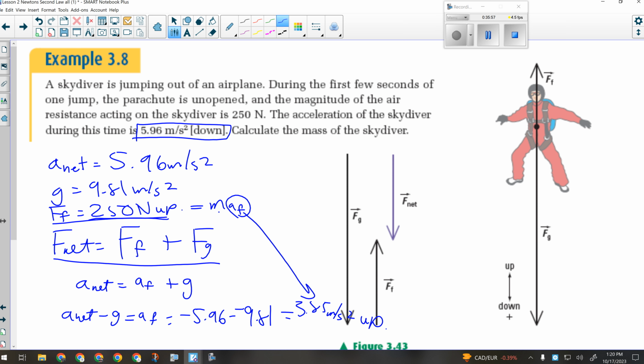Now all I have to do to calculate mass is take the force of friction divided by the acceleration due to friction, 250 divided by 3.85, and I'll have my mass. 250 divided by 3.85, all right, 65 kilograms is what we get there.